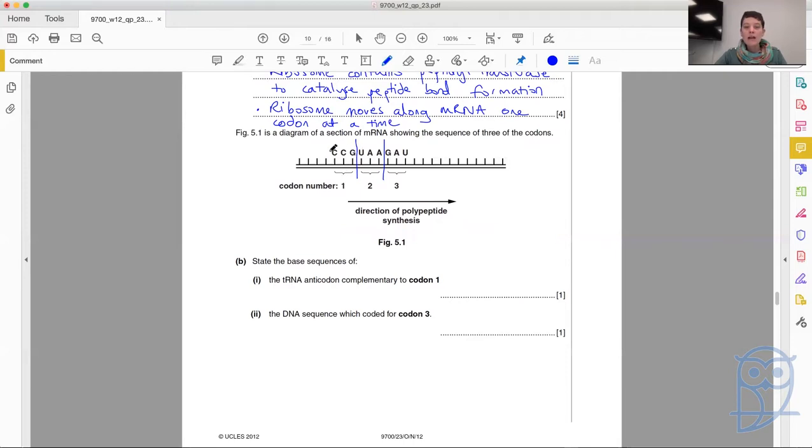So the tRNA going to codon 1 would be G, G, C. And the DNA that made codon 3: opposite of G, we would have a C. Opposite of A, we'd have a T. Opposite of U, we would have had an A. So our DNA would have been C, T, A.